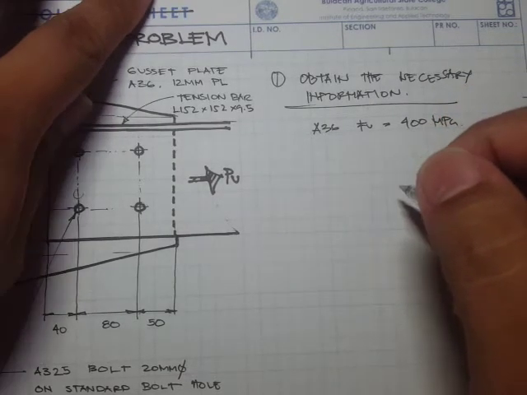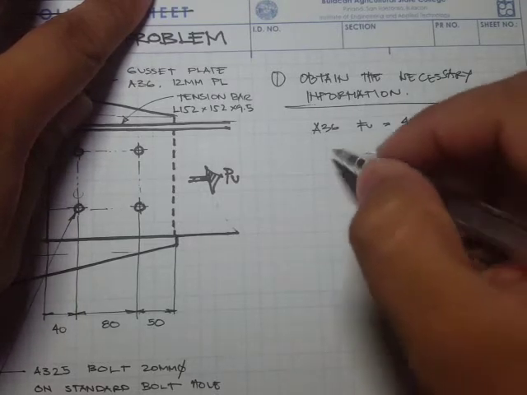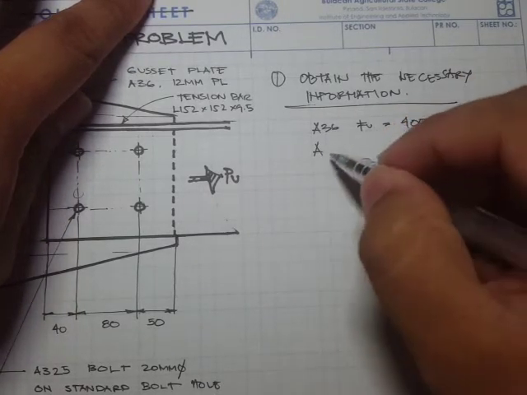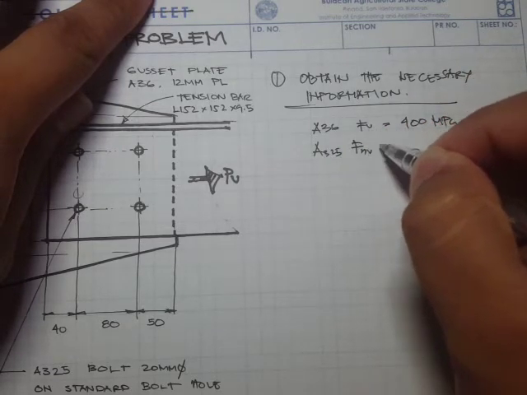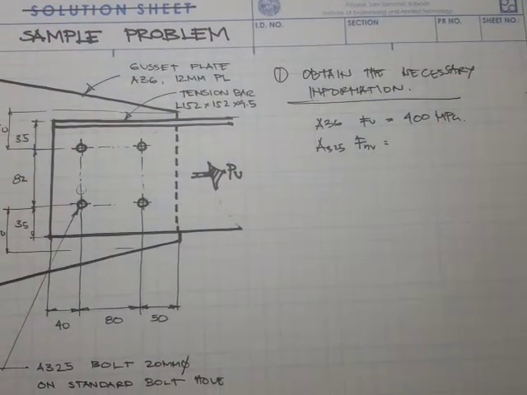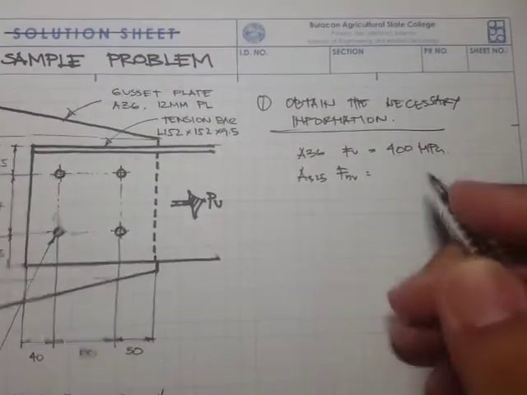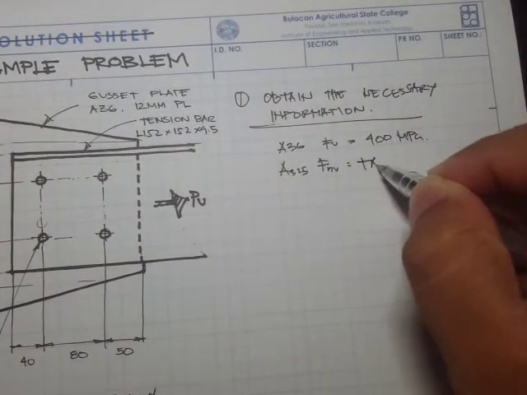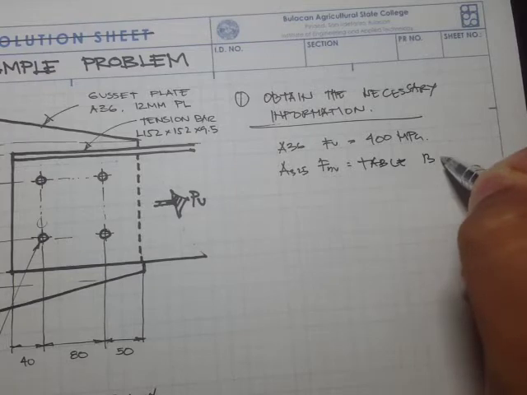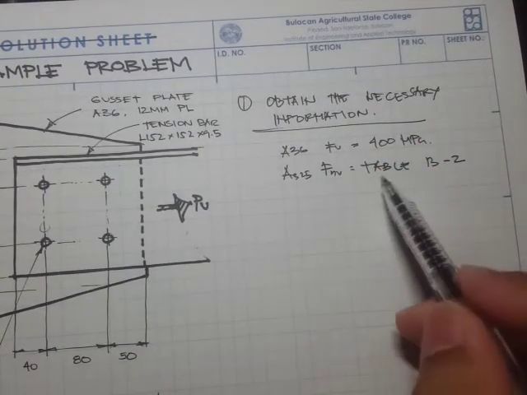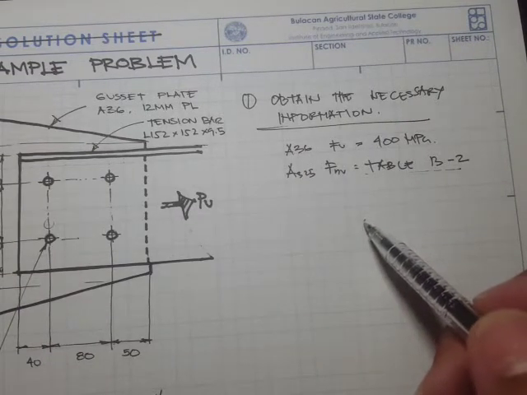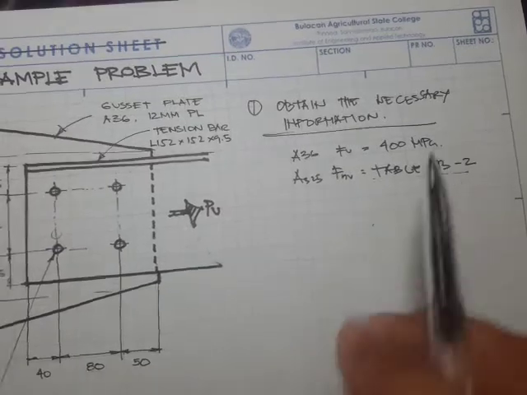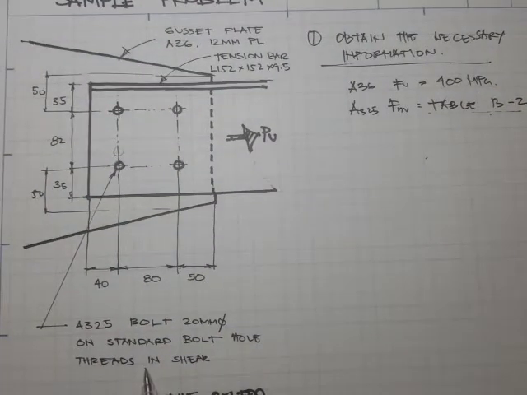The shear strength, so the A325, the shear strength is, we should refer to table 13-2, and we have to check the description of the fasteners, and we have to find the A325 with threads in shear, meaning threads are not excluded.